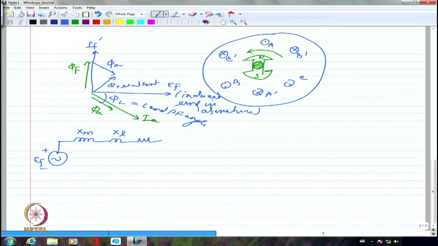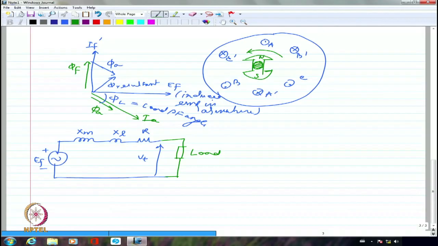Then I have the resistance. This is my Vt and here is my load. I am not showing whether it is resistance, inductance or capacitance. This is my per phase equivalent circuit of the synchronous generator or synchronous motor, in general a synchronous machine.